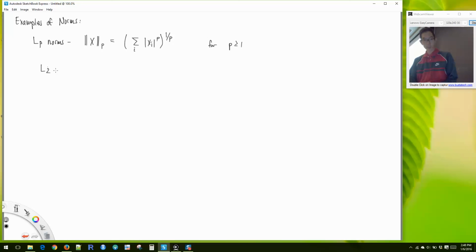So the L2 norm is probably the one that we're most familiar with, which is the Euclidean norm.